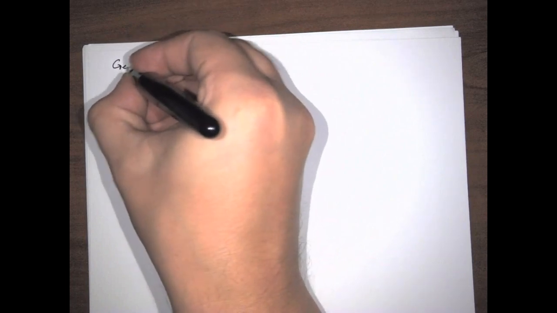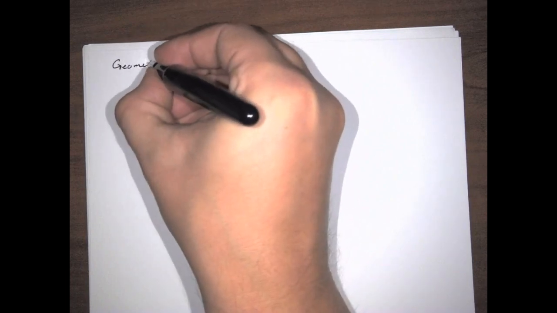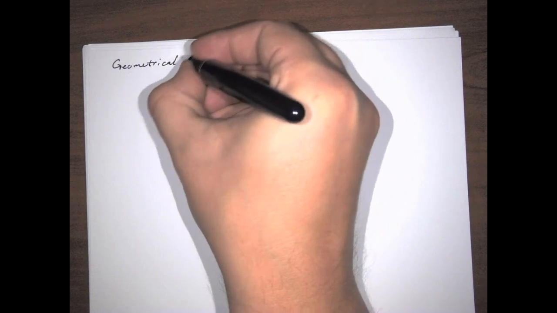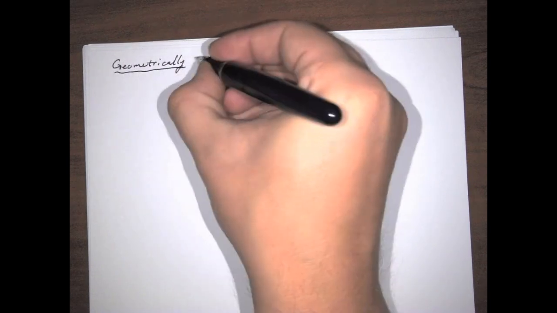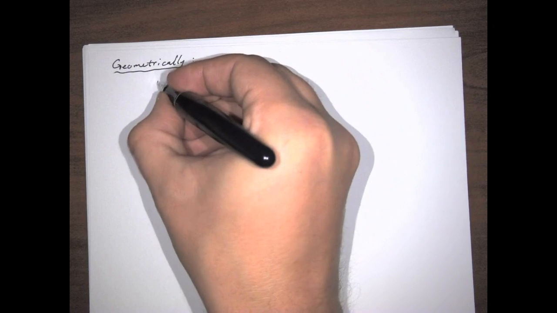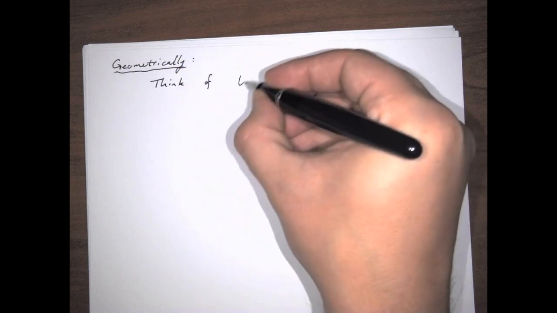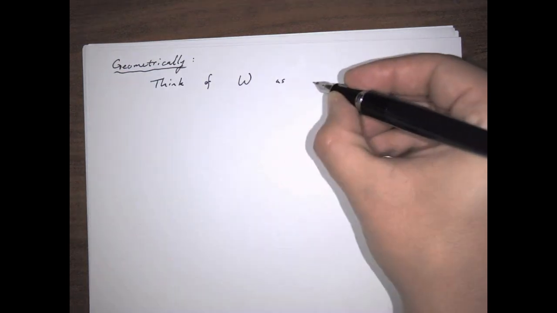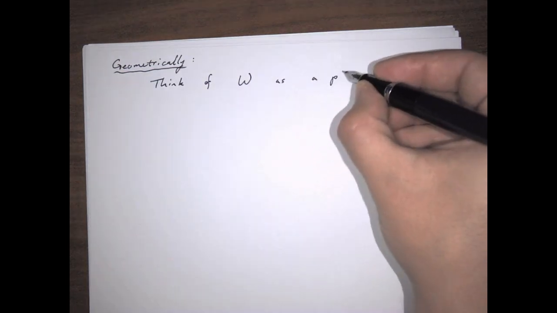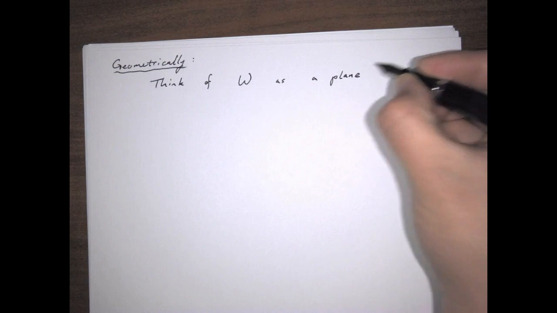Now, what does this all mean as far as the actual geometry of this? So geometrically, think of W as a plane. So we have a subspace within Rn.